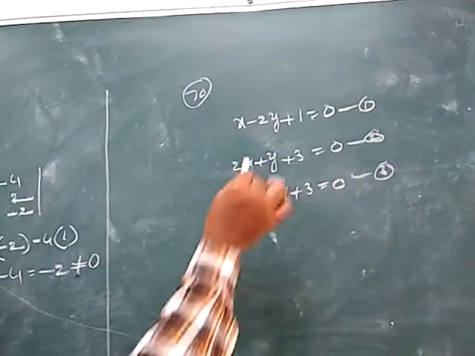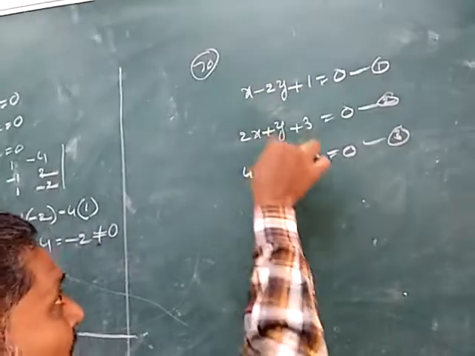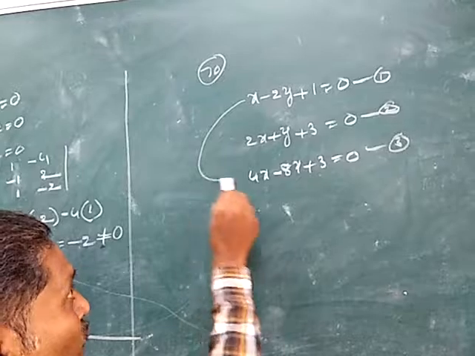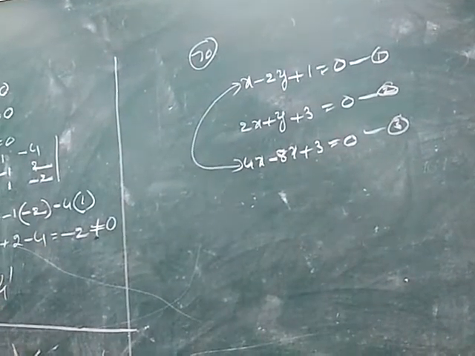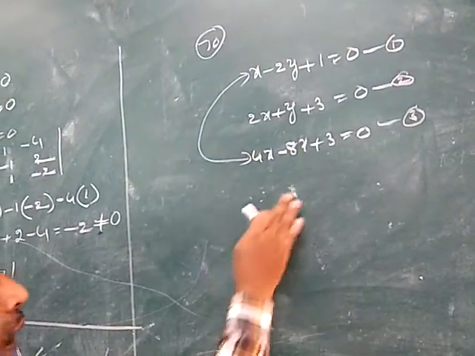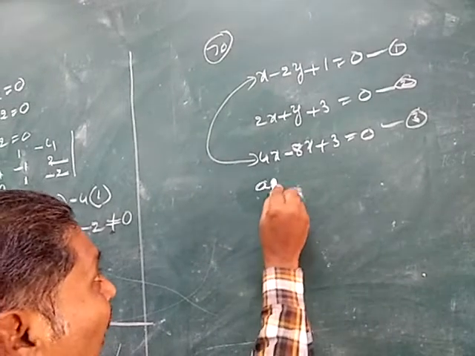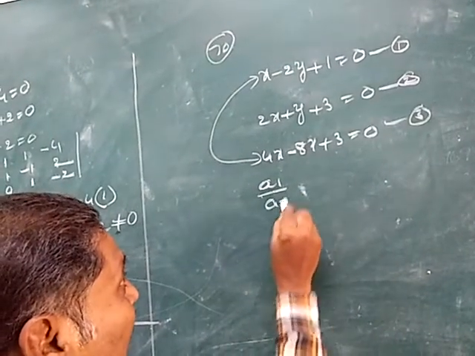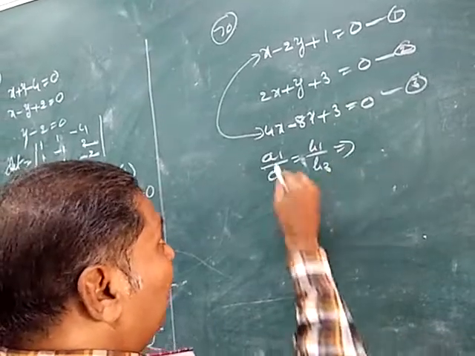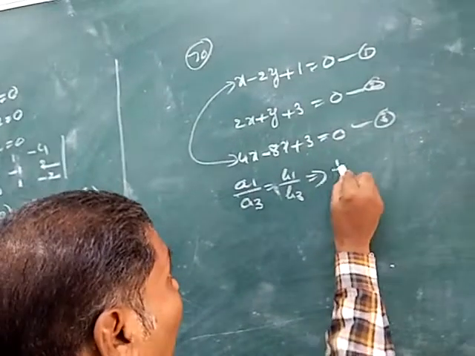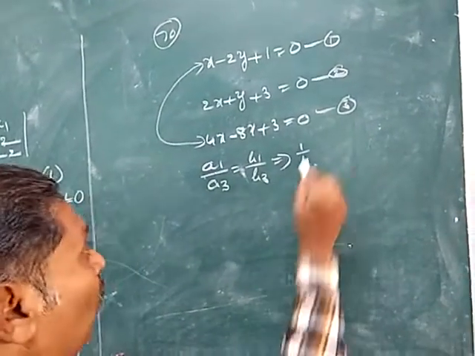Next, bit number 70. See the three lines. Clearly 1 and 3 are parallel lines. Why? A1 by A3 equals B1 by B3. A1 by A3 value is 1 by 4.